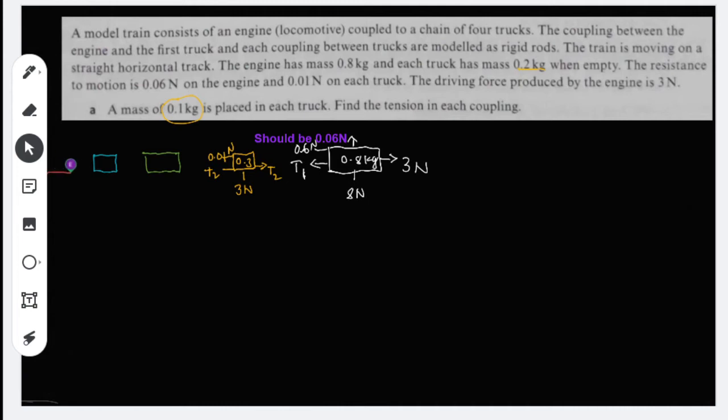I suppose these are small trucks, so they're not visible. Let's try to adjust it and move over here.